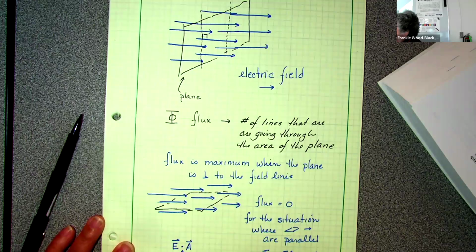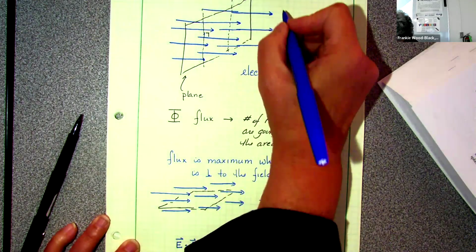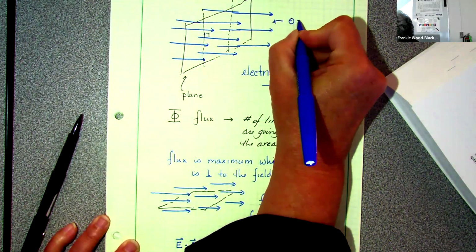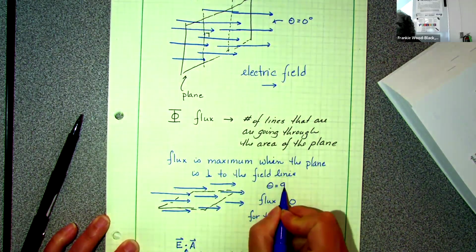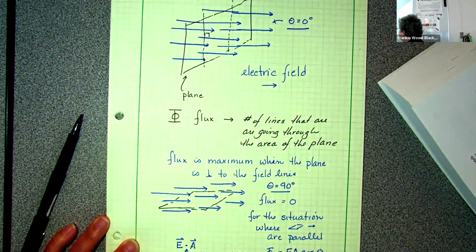Well, do the cosine of 0. Okay. Yeah. So just to remind everybody, this is going to be when the angle is equal to 0. This is when the angle is equal to 90 degrees. Because it is a little backwards.